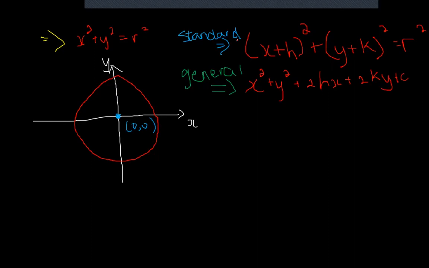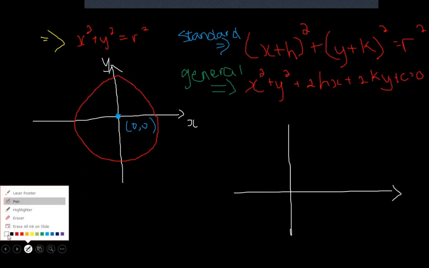And unlike the standard form that's equal to r squared, the general form is equal to 0. It's okay if you've never seen this in your life, you're recording today. When you see it in this form, that just means that the center of the circle is not (0, 0).